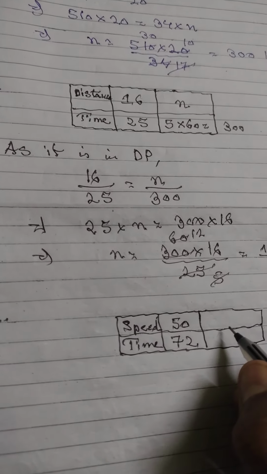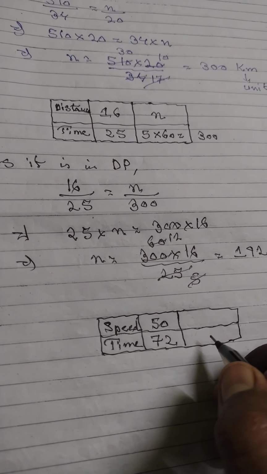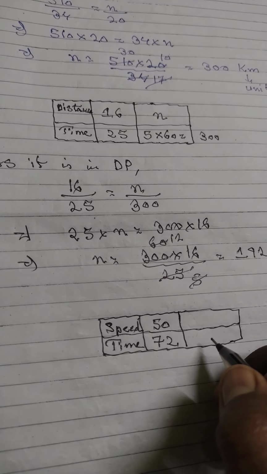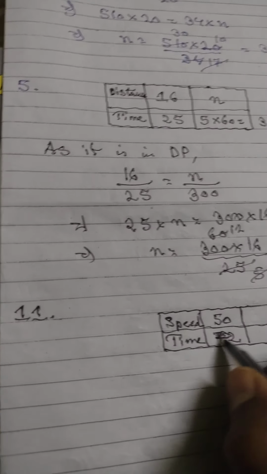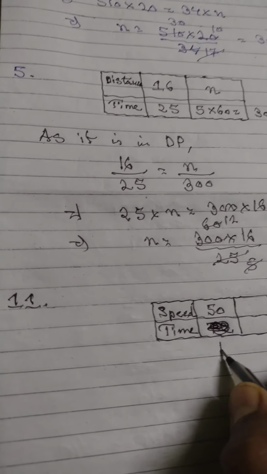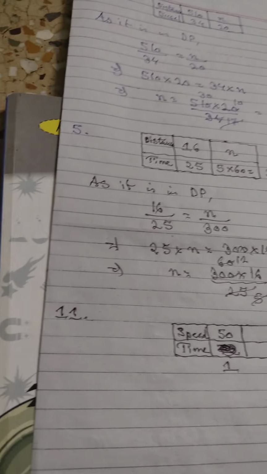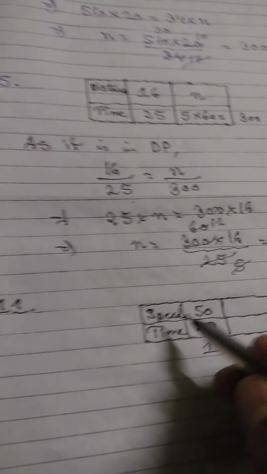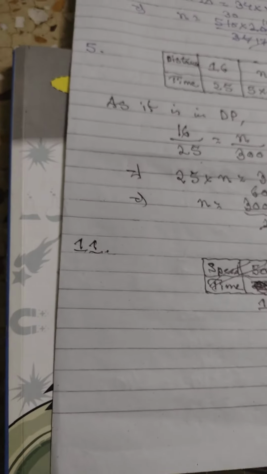We have to find the distance traveled. No, here it will be 1, because in the question it is given 1 hour. See here 50 kilometer per hour, so 50 is the distance, and so this will not be the box. This is wrong, I've written wrong.